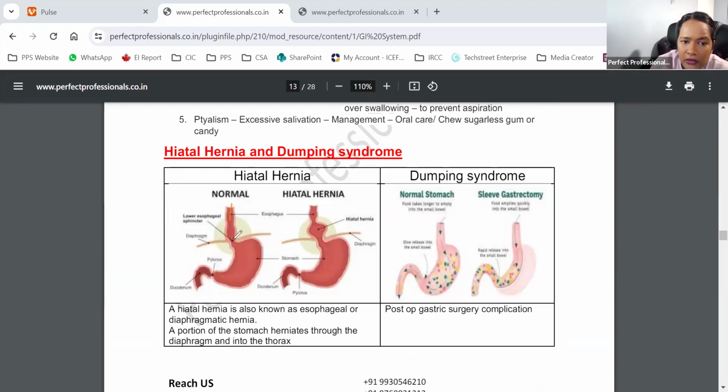Here is the esophageal sphincter. Okay. What does a sphincter do? It will not allow content to go back. When the sphincter becomes loose, that is when we have the problems. Okay, this is the diaphragm. Now what is happening here in a hiatal hernia?